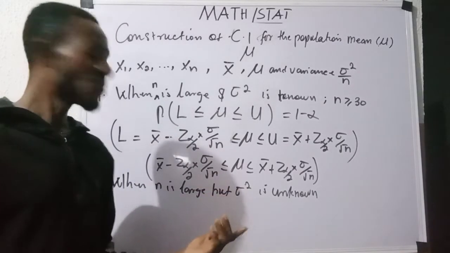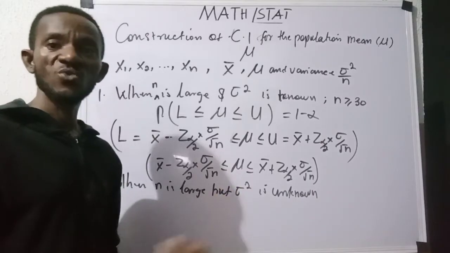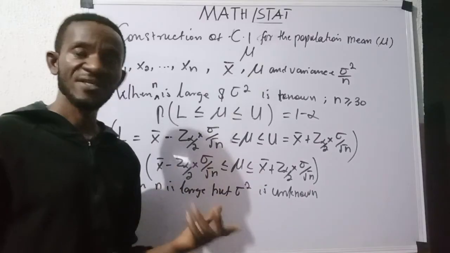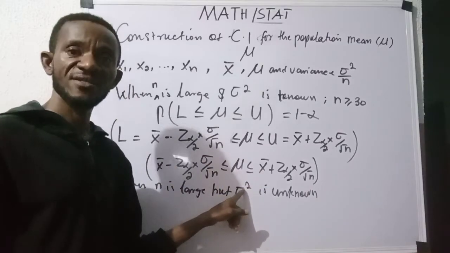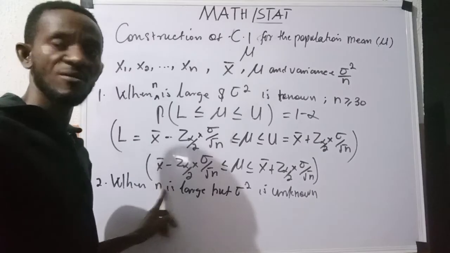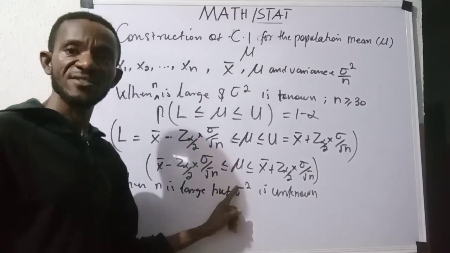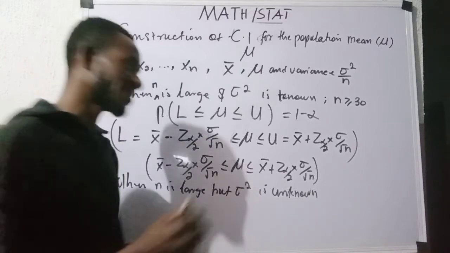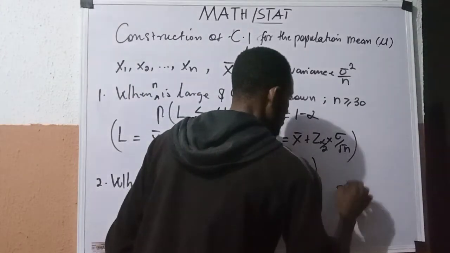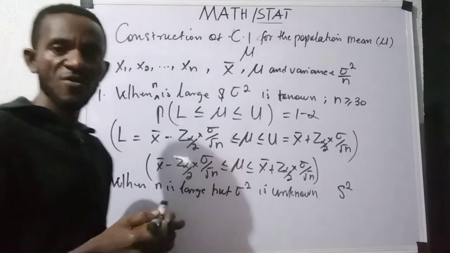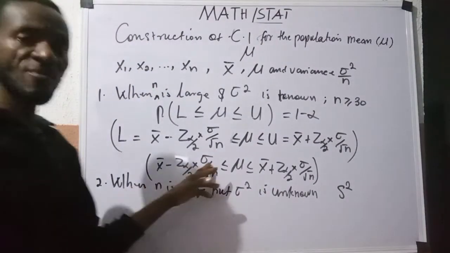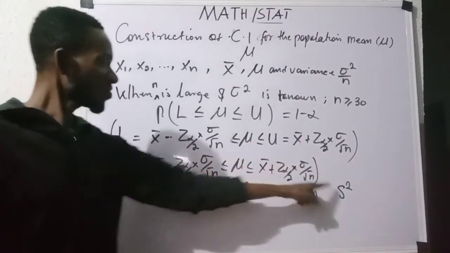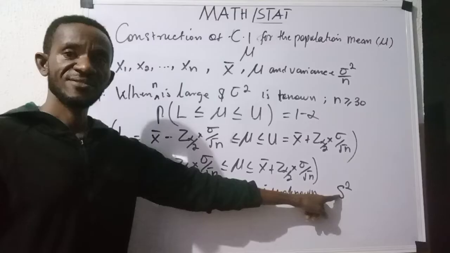It is unknown. When sigma squared is unknown, we make use of what we call the sample variance. This is what we call the population variance. When n is large but we are not given the population variance, we go ahead by using the sample variance, which is denoted S squared. So what you are going to do is come back to this formula. Anywhere you see sigma, you replace it with S.